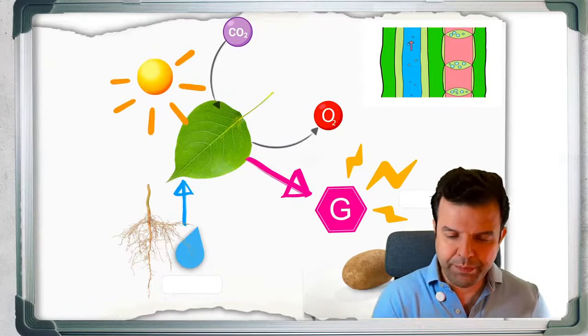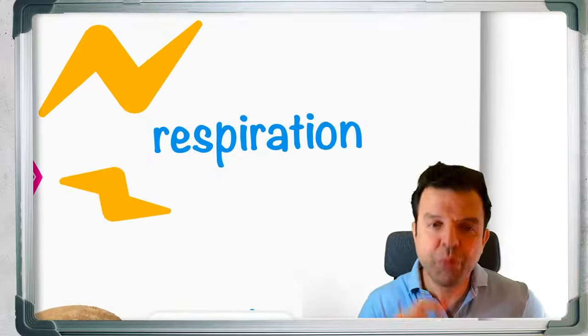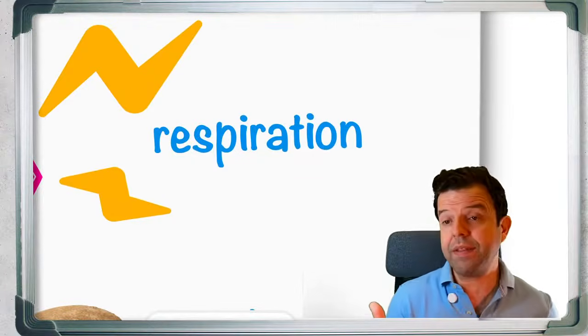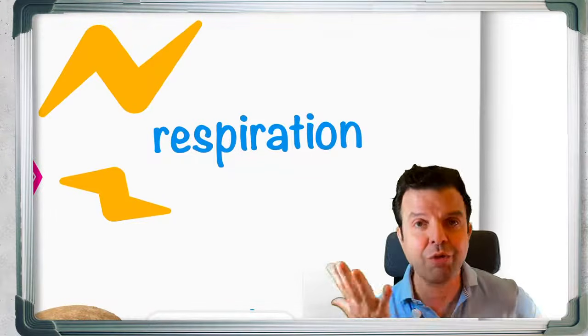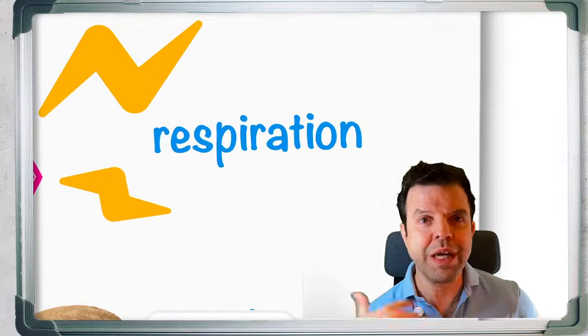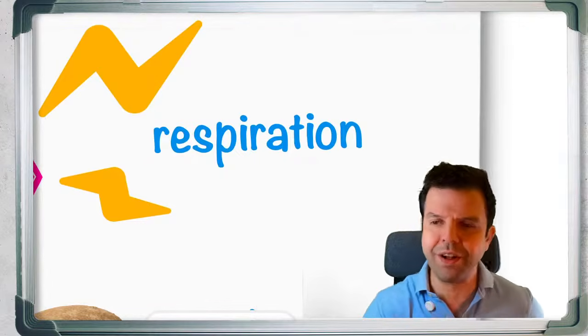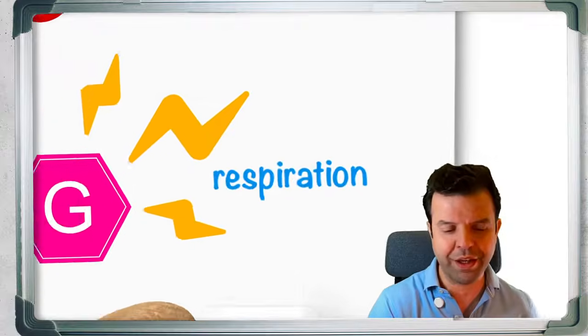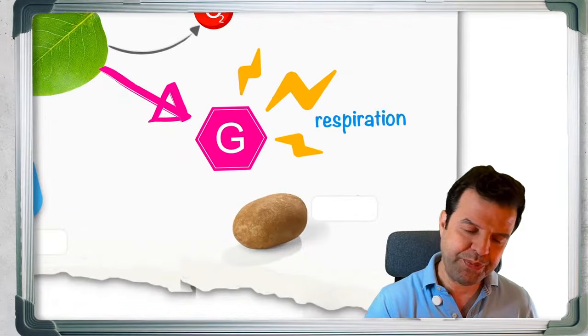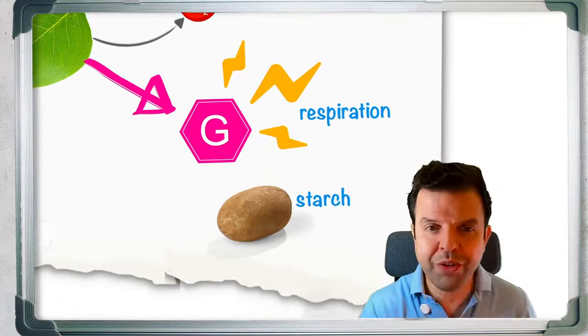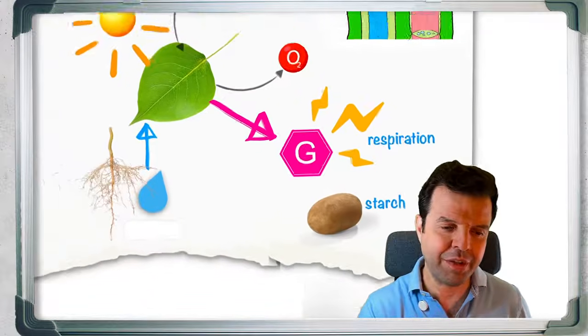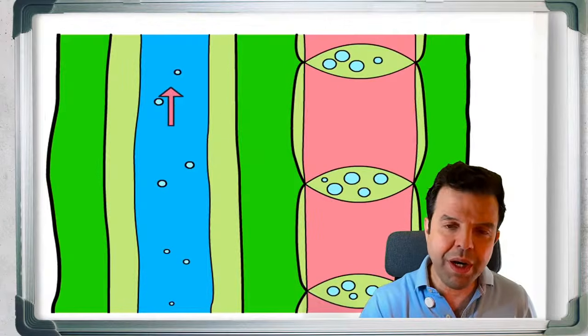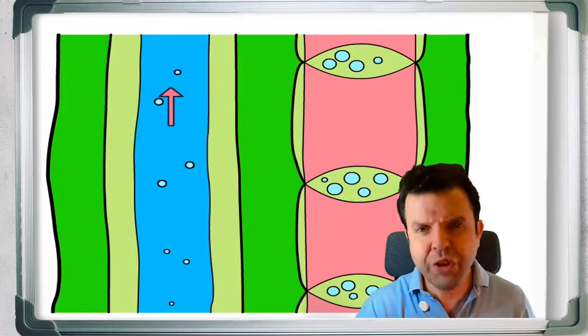So, number one, you could simply respire the glucose. We forget this quite often, that plants have to respire. They need to get their energy requirements, and that's done from glucose they make. Number two, it could be stored for later on, or it might be, you still remember this word?